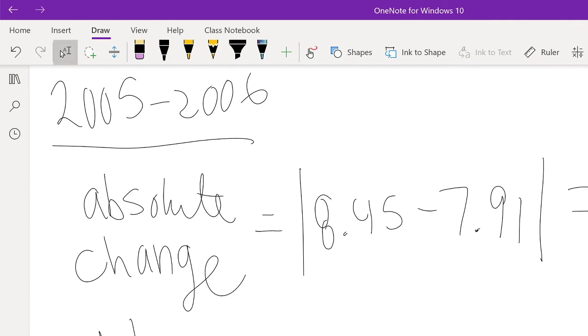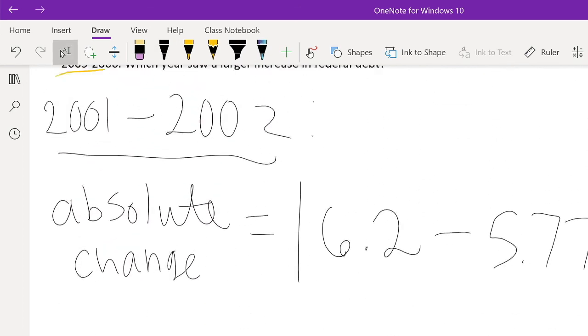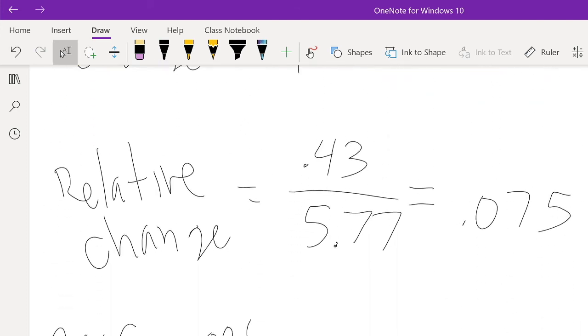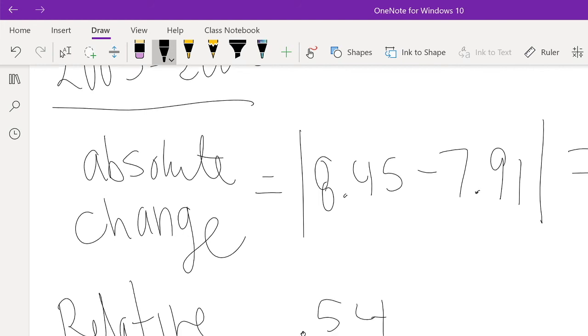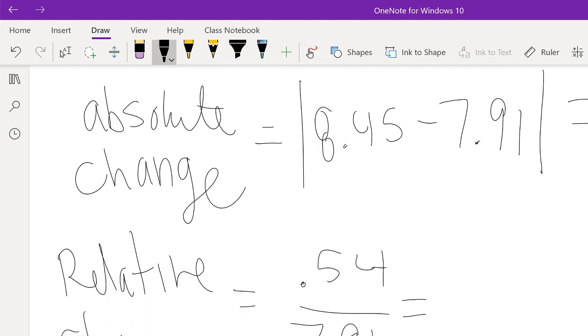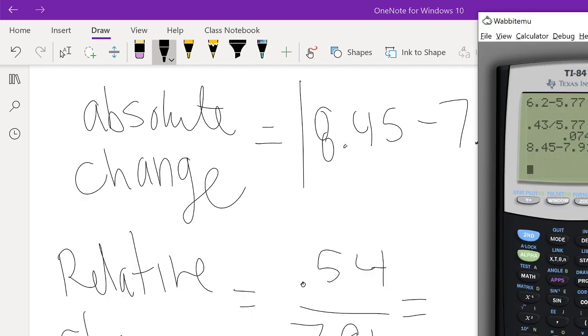So relative change, we'll take the absolute change, right, and over the, what was it, the starting quantity. Okay, so we'll take out our calculator and we'll calculate 0.54 divided by 7.91.